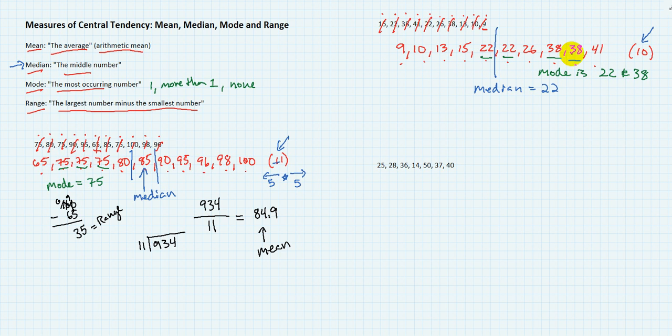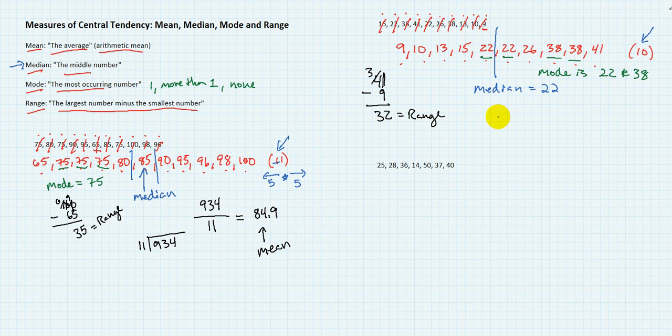And then we have to find the range. So 41 is the biggest. I subtract 9 from that. So borrow from the 3. I get 32 is my range. So from 9 to 41 is 32. And again, same thing we do before. We have to add each one of these up.